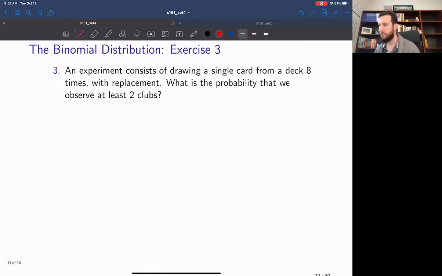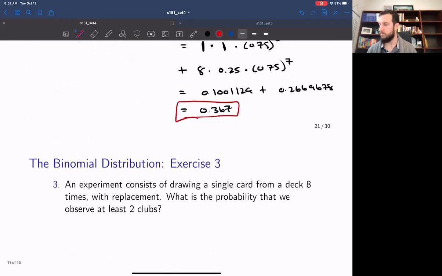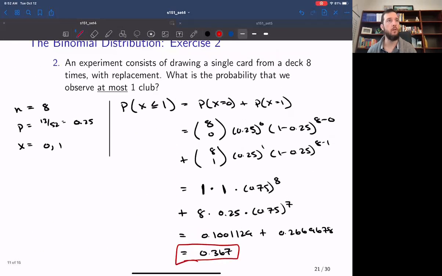Exercise 3. Brittany, how are you getting the second last line? This line? So 0.1001129. That's 1 times 1 times 0.75 to the 8.